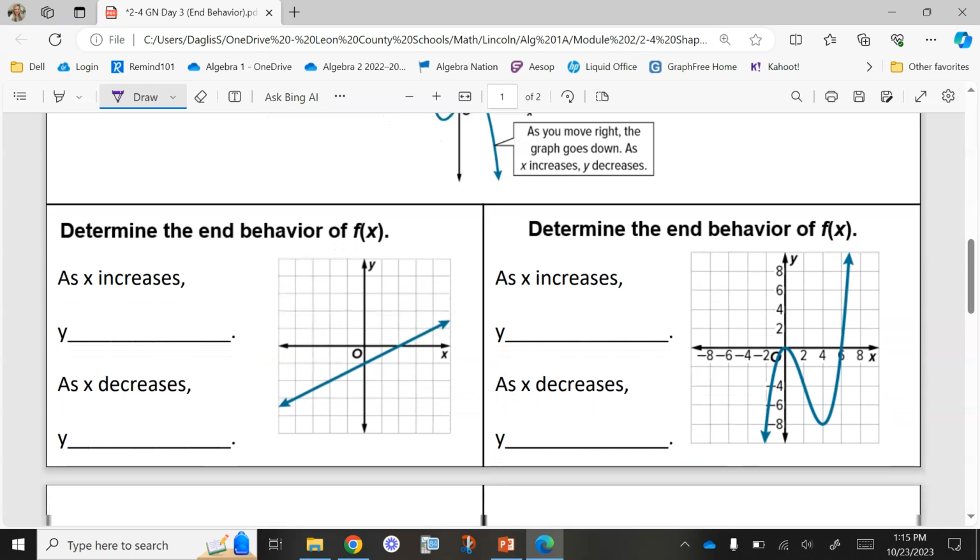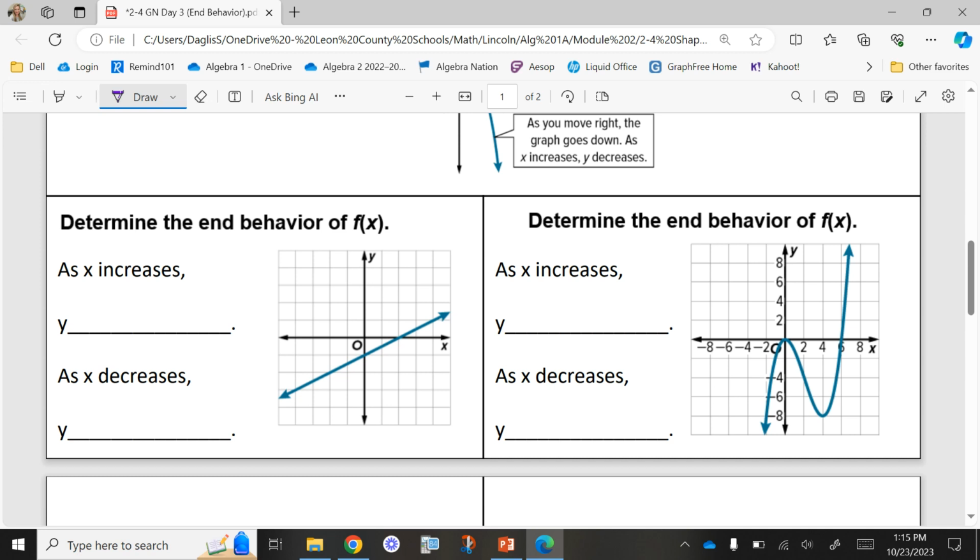So our first example, determine the end behavior of f of x. As x increases, does that mean my x values are getting bigger or smaller? They're getting bigger, right? Over here. These are my positive x's. As my x's get bigger on my number line, what are the y's doing? Hold on. It's pointing which way, up or down? It's pointing up. So what are my y's doing?